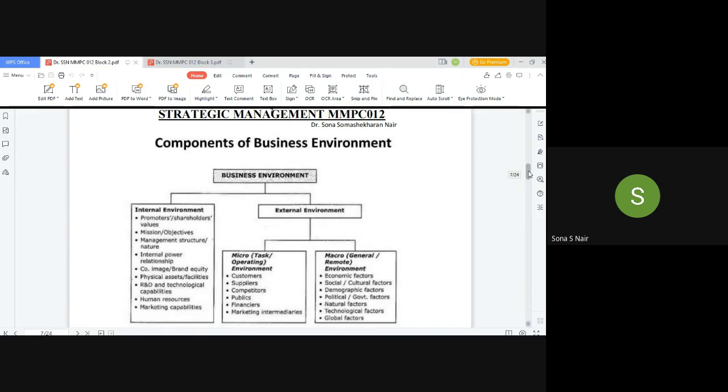External was divided into micro and macro, where the macro factors are the general environment factors, and the micro factors are those very closely connected to us, though outside the organization. And the internal environment is about how the organization is run, from the planning part to the implementation of the planning into the various functions.